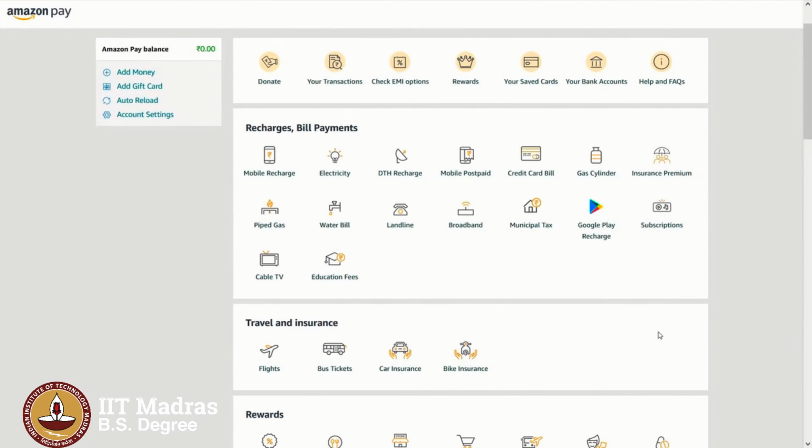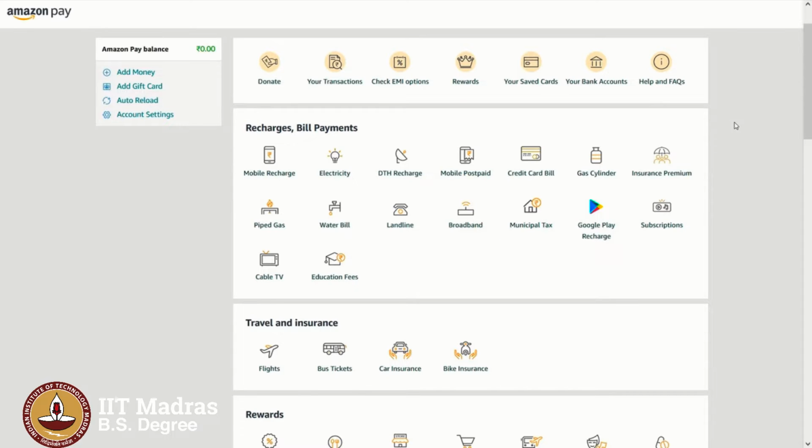Amazon Pay is a mobile wallet. A mobile wallet is a way to carry cash in digital format. You can link your credit card or debit card information as well as your bank accounts to a mobile wallet application, or you can transfer money online to your mobile wallet.